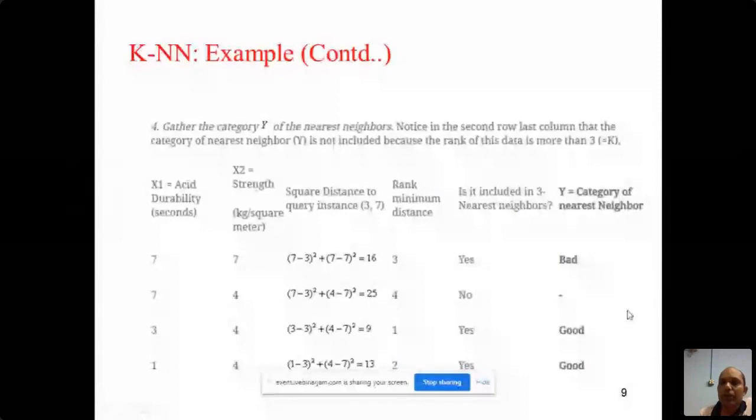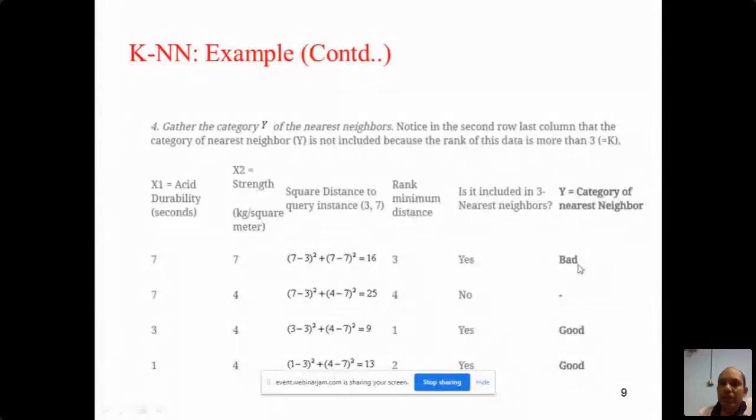So here the data point for the first rank is good, then the data point for the second rank is good, and the third rank has the category bad. Means among the 3 nearest neighbors, 2 are showing good and 1 is showing bad.